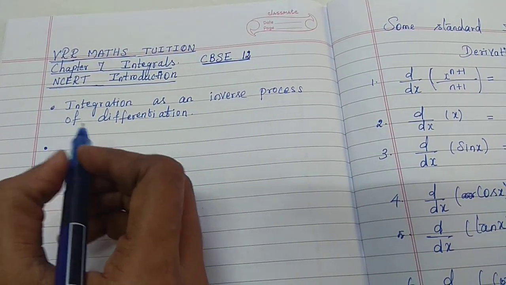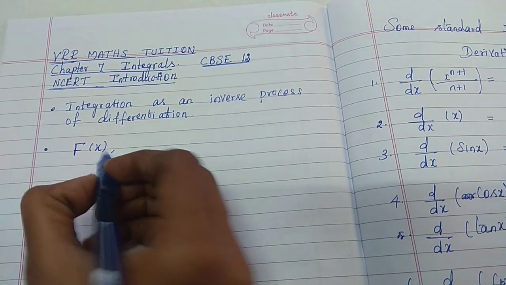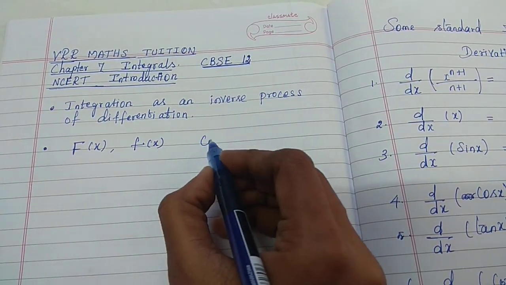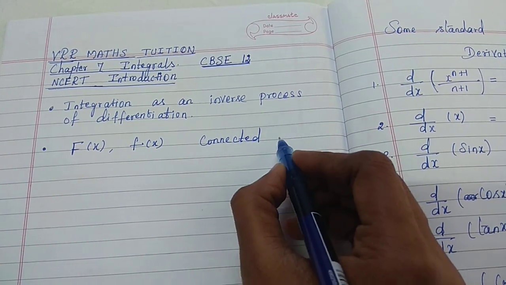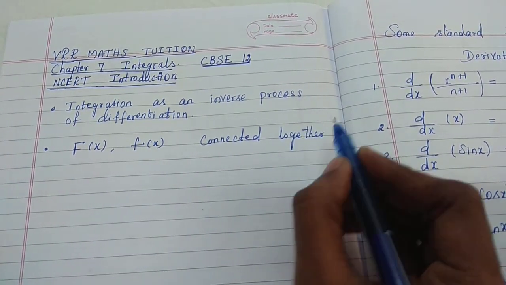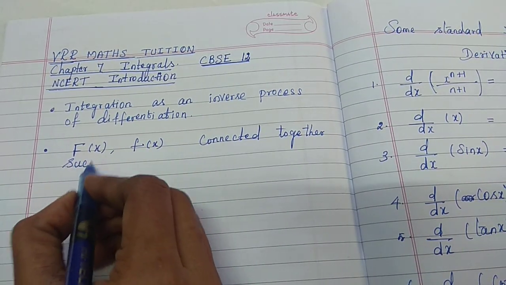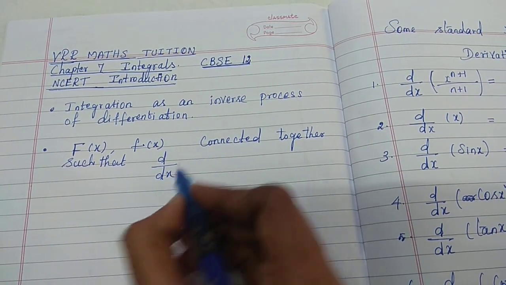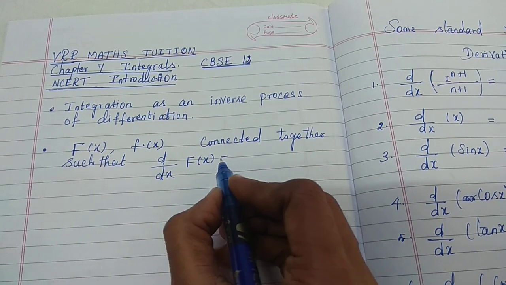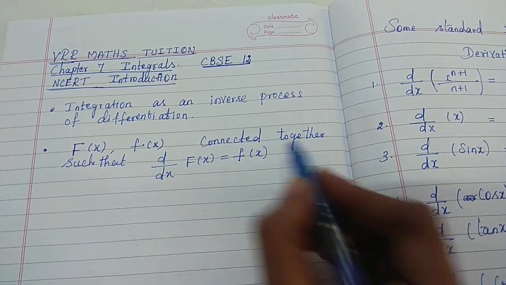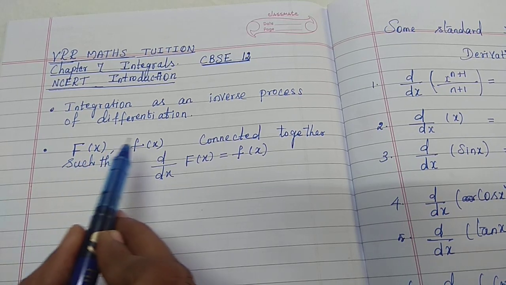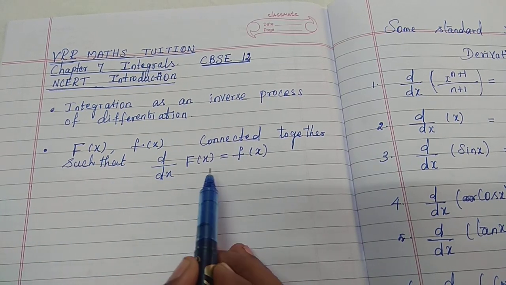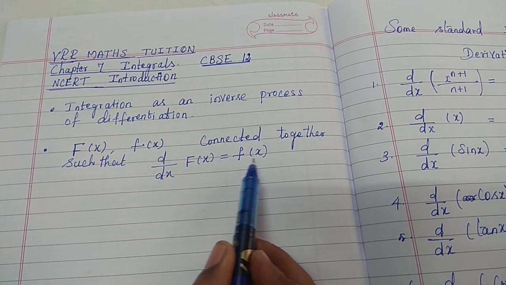Suppose we take two functions, capital F of x and small f of x, connected together such that d by dx of capital F of x is equal to small f of x.